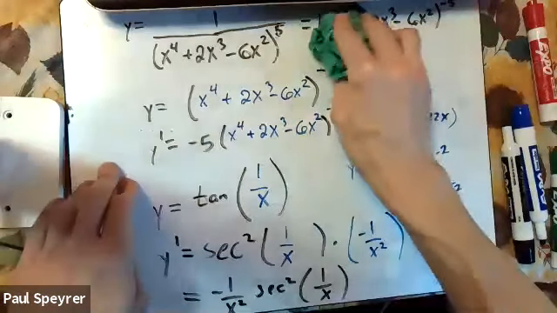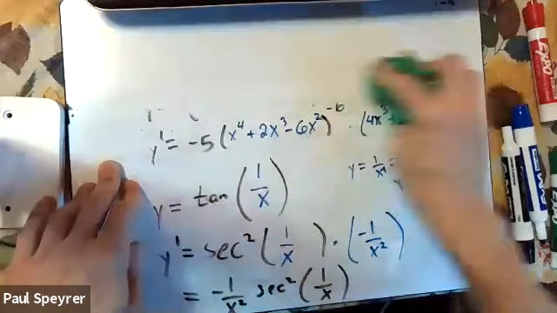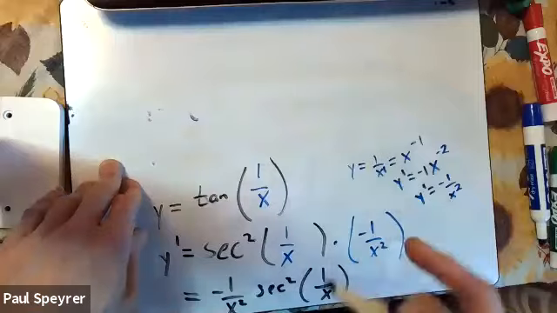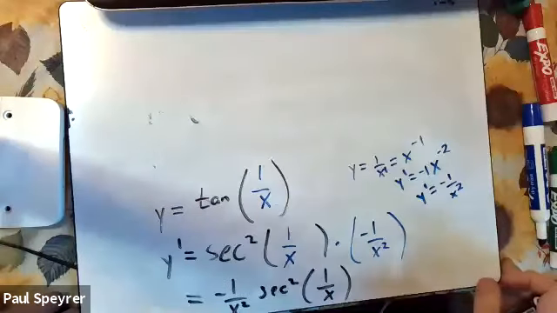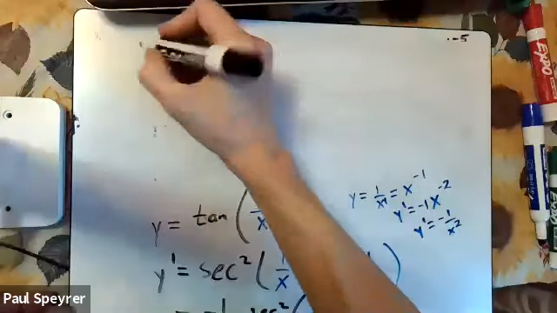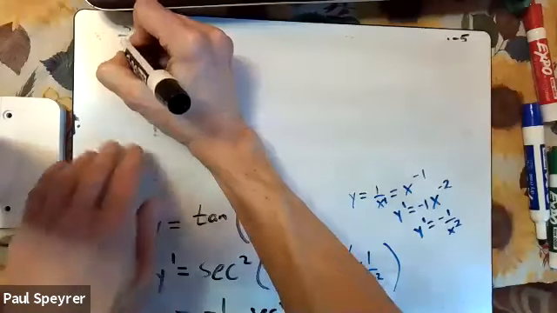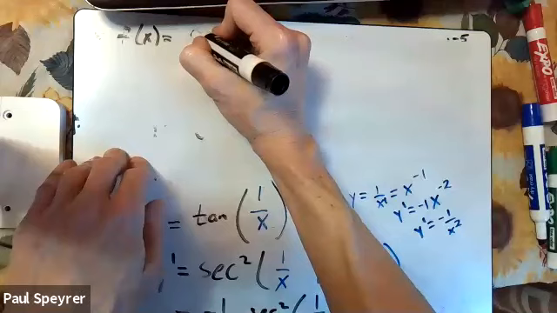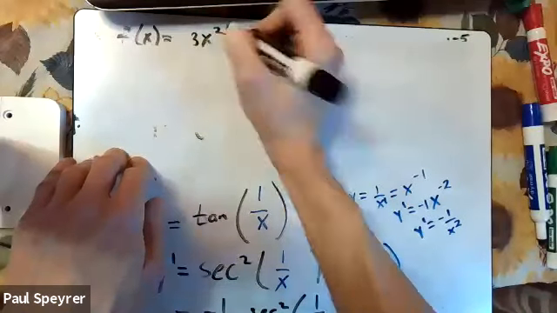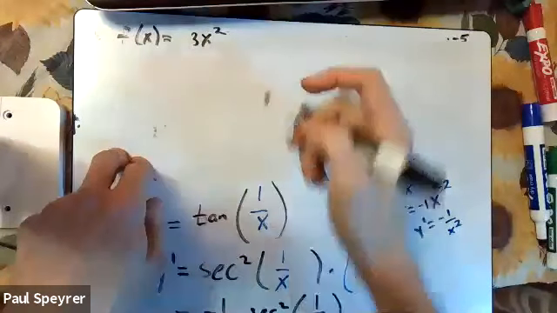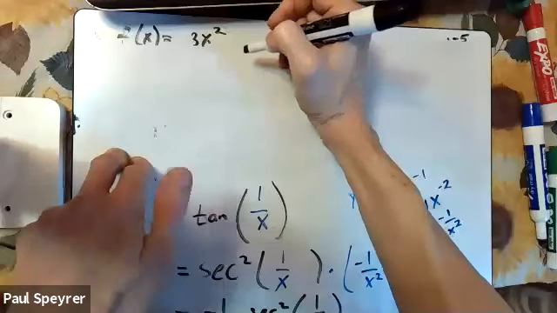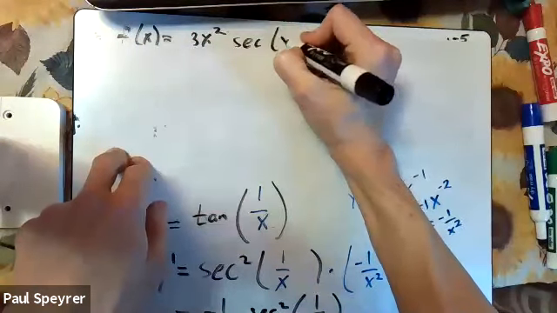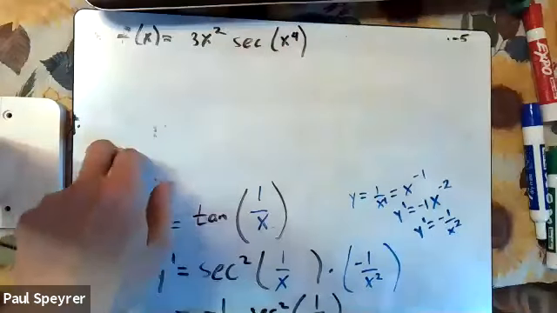All right, let's check this out now. Let's see. Hold on. What do we have? F of x equals 3x squared, and then secant of x to the fourth, just something like that.